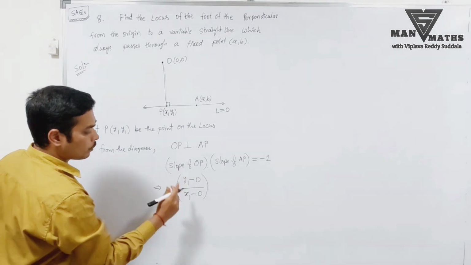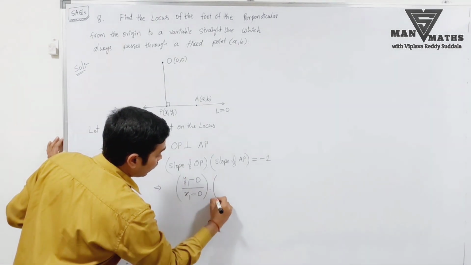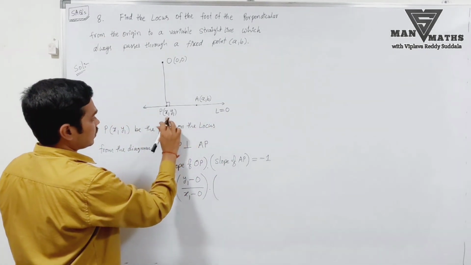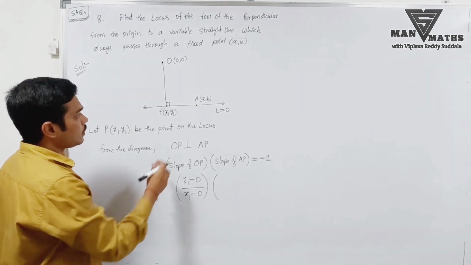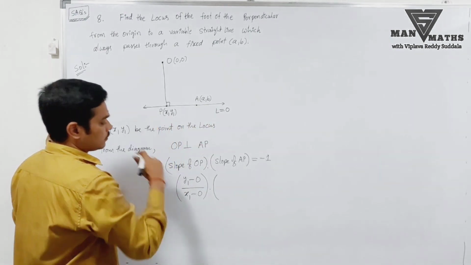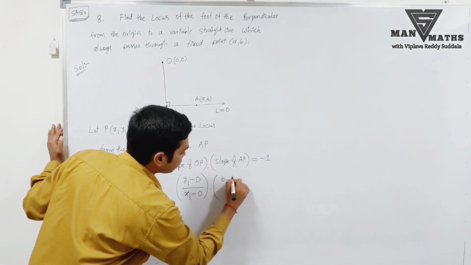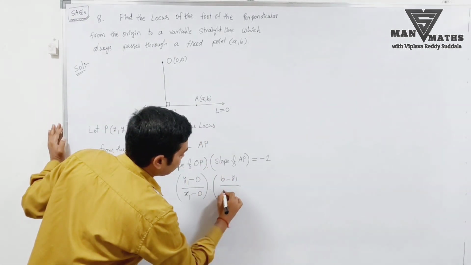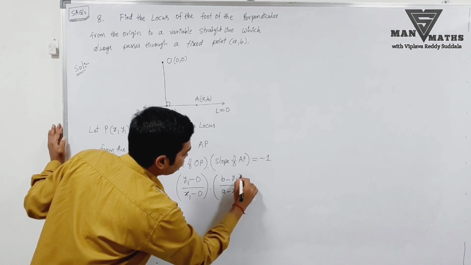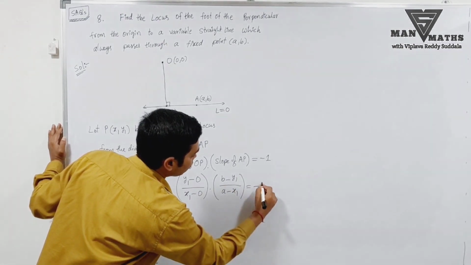This is the slope of OP. What is the slope of AP? This is the first point, this is the second point: (b minus y1) by (a minus x1) is equal to -1.